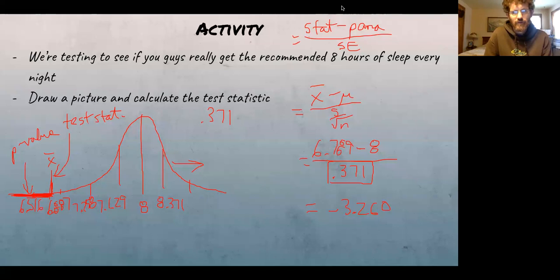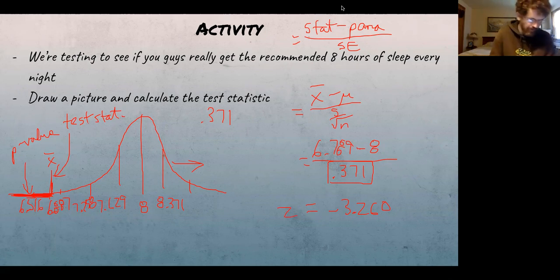Okay. So now what we did before with proportions is we called this our Z. The test statistic was what we called Z. But remember, just like we did with our confidence intervals, this is a different kind of distribution. It's a t distribution, not a normal distribution.